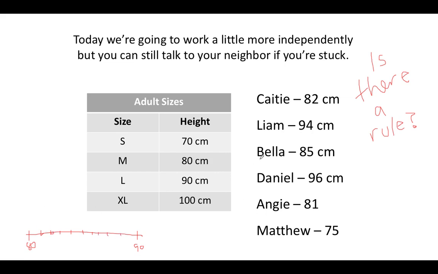And one of the things that's going to come up, specifically the second time you do this, is that you can't say what Bella and Matthew are closest to because they're right in the middle. And so you might have a rule that if it's 1, 2, 3, or 4, it's closer to the lower size. And if it's 6, 7, 8, or 9, it's closer to the higher size in the ones place. And you're going to have to agree out of this that 85 and 75 are really tough because they are equally far away.